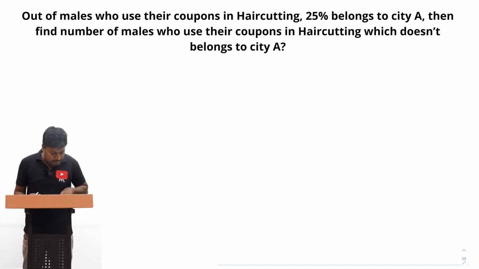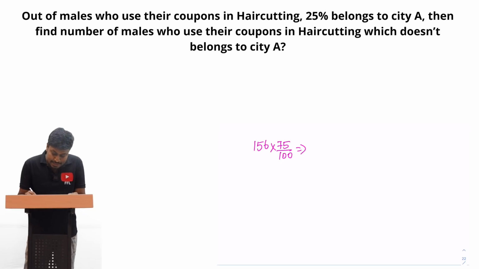So now we know the total number of males for hair cutting is how much? 156. So out of this 156, 25% belong to city A. Our target is to find who does not belong to city A, so the remaining 75%.